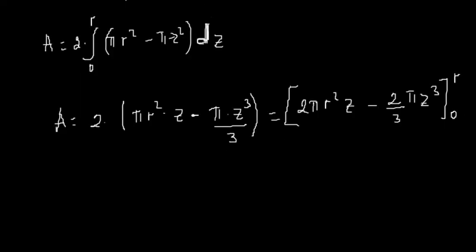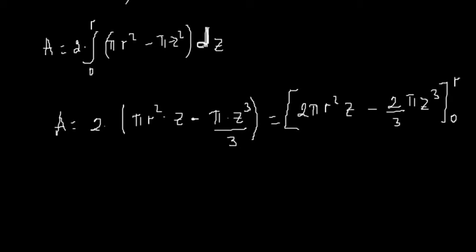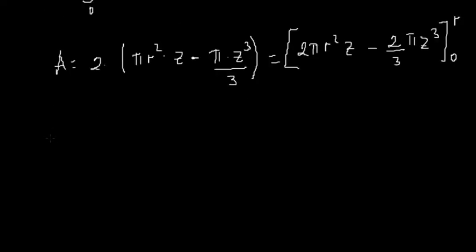Sorry, I think that I said this one incorrectly. dz means taking into account a very small tiny change in the amount of z. Okay, so yeah, we said that this equation is going to be evaluated between 0 and r.